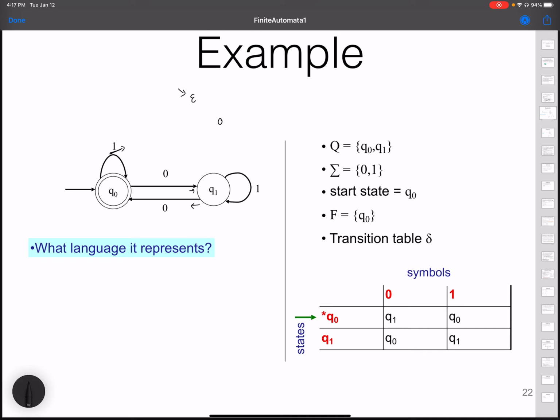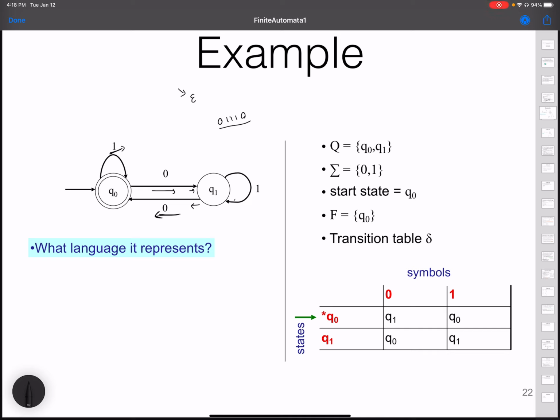And by looking at this diagram, you can see that those 2 zeros that you need to read don't need to be sequential. You can have a couple of ones in between and then another zero. So this pattern forces that whenever you see a zero, you should see exactly one other zero to make your string accepting again.